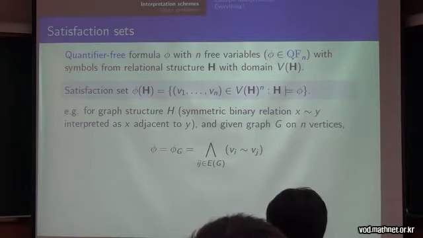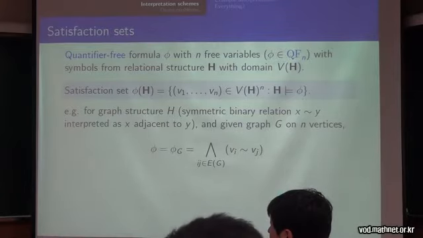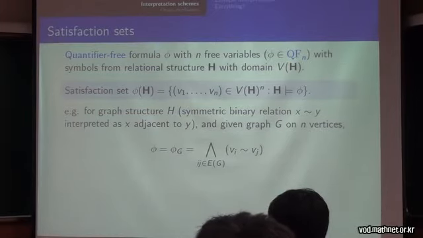For a graph, you have this symmetric binary relation. And then you can choose any axioms you want for the relation to satisfy. It doesn't matter how, as long as you can decide whether something belongs to the relation or not.